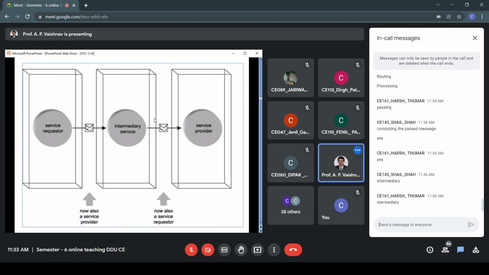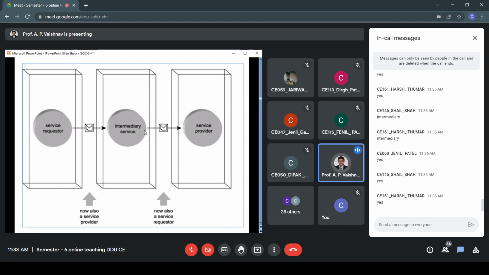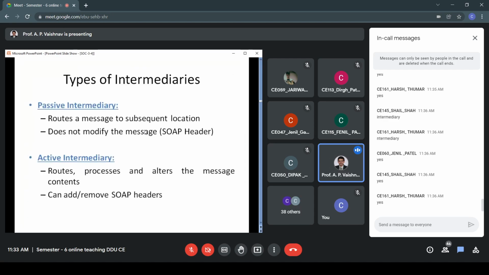So the intermediary first acts as a provider, and then it changes its role to a requester. Is this slide clear? It also proves that intermediary is a temporary classification. It can change roles depending upon context. Fine. We'll see one example of this later on, once we complete this theory part.